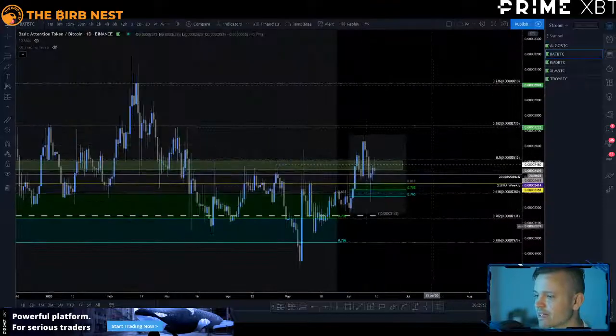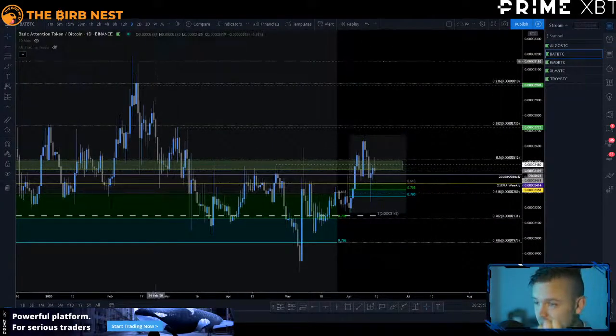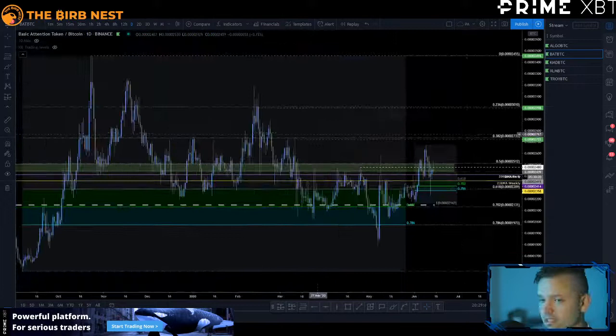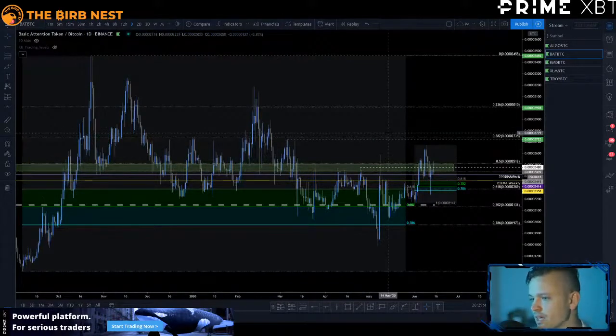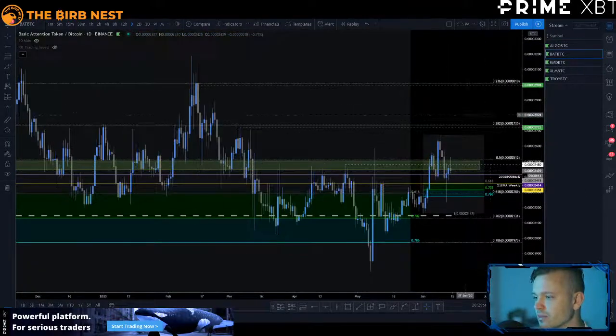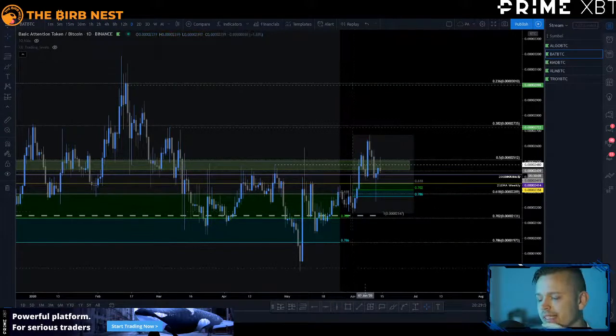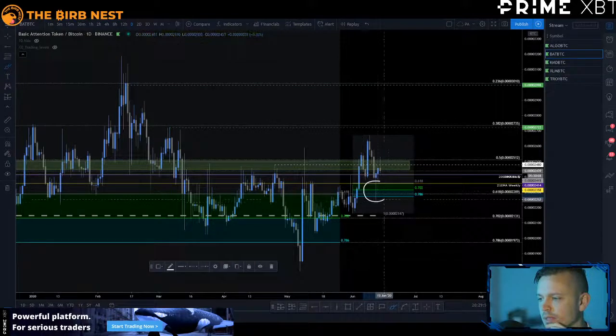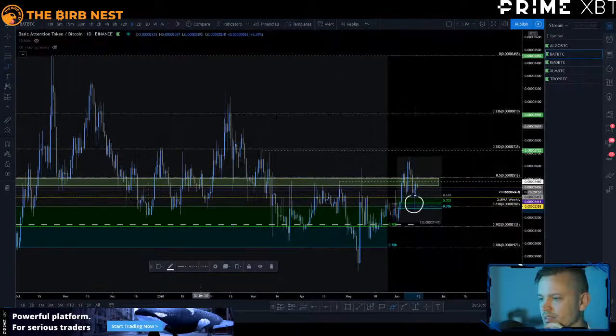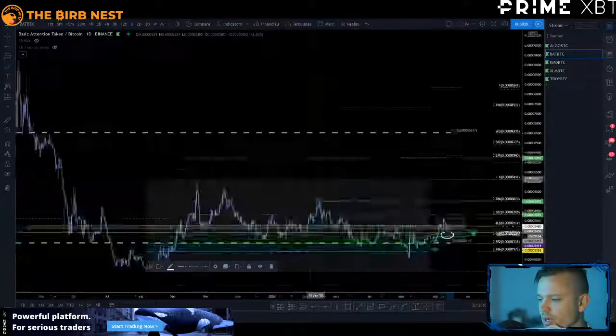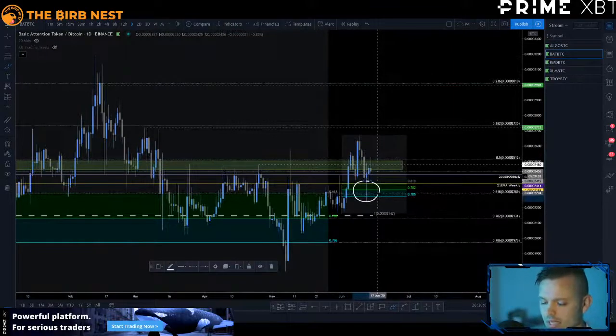Let's take a look at BAT. So unfortunately, most of you are probably in the bird nest, and you remember the trade that I posted on BAT. Unfortunately, we got stopped out, and honestly, I did not anticipate this wick, but we did wick down right into the RLC of this move, confluent with the 618 of this bigger range right here, so it kind of made sense to bounce down there.